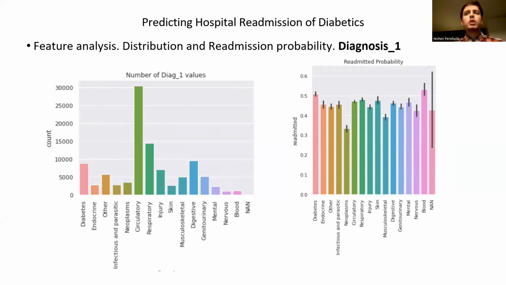So now what we can see from the distribution analysis and readmission probability graph is that most patients had a primary diagnosis of circulatory disease, and that patients with a primary diagnosis of blood disease or diabetes are more likely to be readmitted.